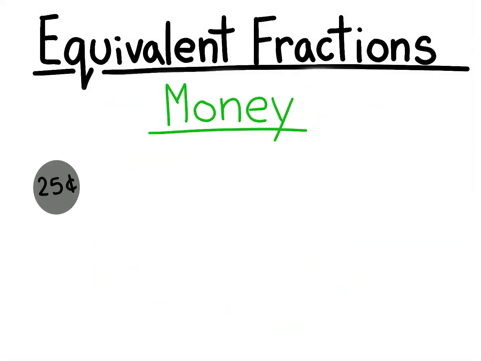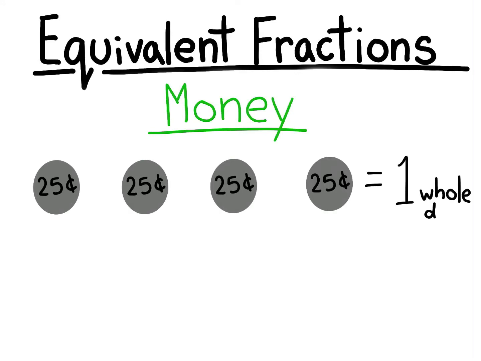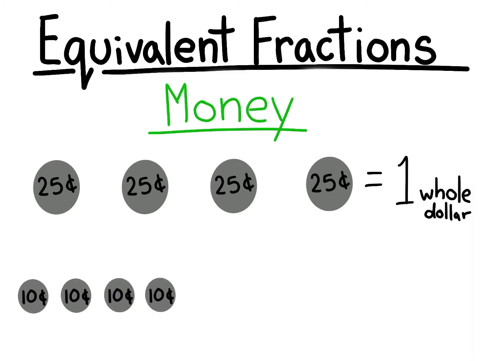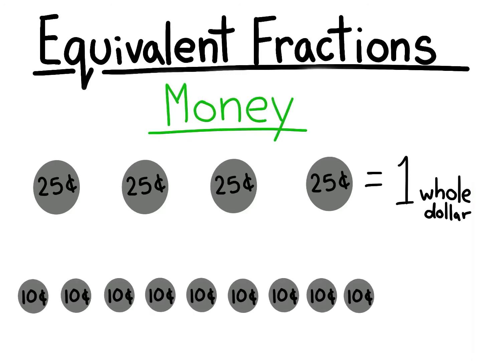Now, let's change our direction to see how equivalent fractions work in money. Let's use quarters and dimes. We know that 4 quarters equals 1 whole dollar, and 10 dimes equals 1 whole dollar.